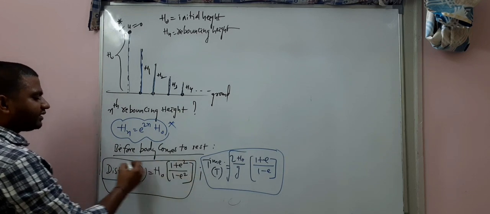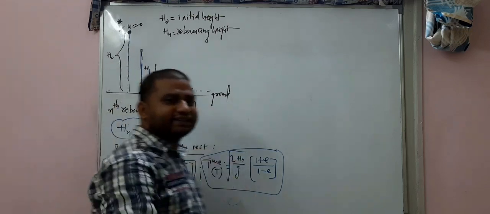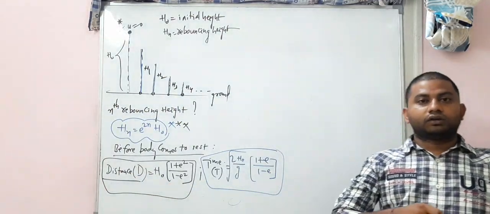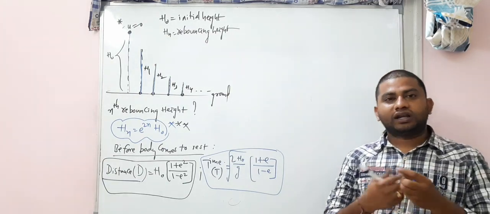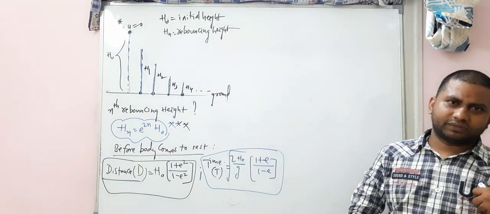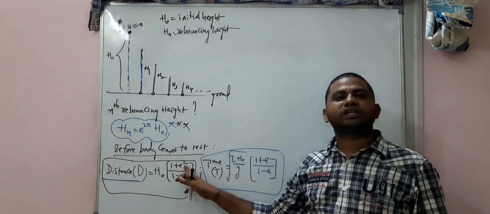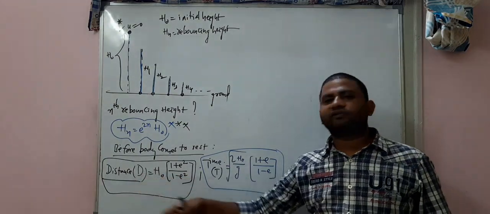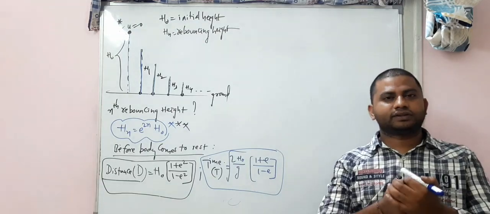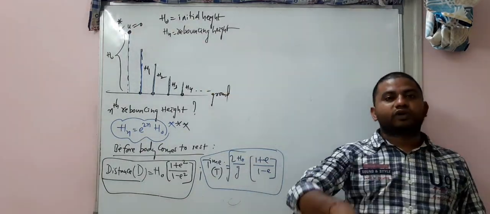According to the previous years, there was a question based on height and velocity, but not this. But if you are lucky enough, you may get these questions also. Direct substitution. They'll give h naught values and e, coefficient of restitution values, and you can find the total distance traveled by that body before it comes to rest, and also the total time taken by that body before it comes to rest.